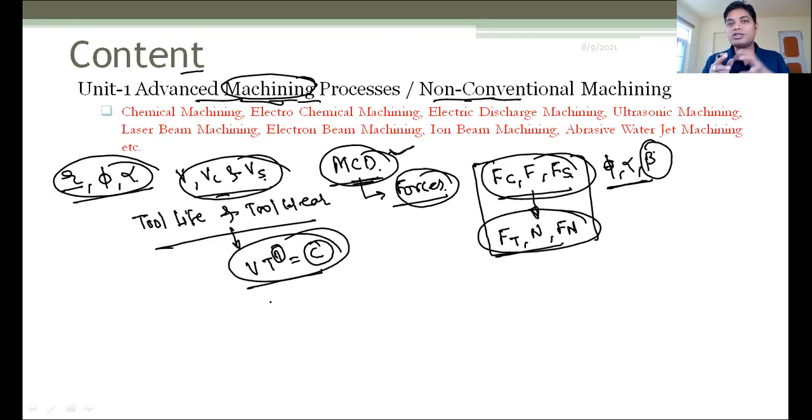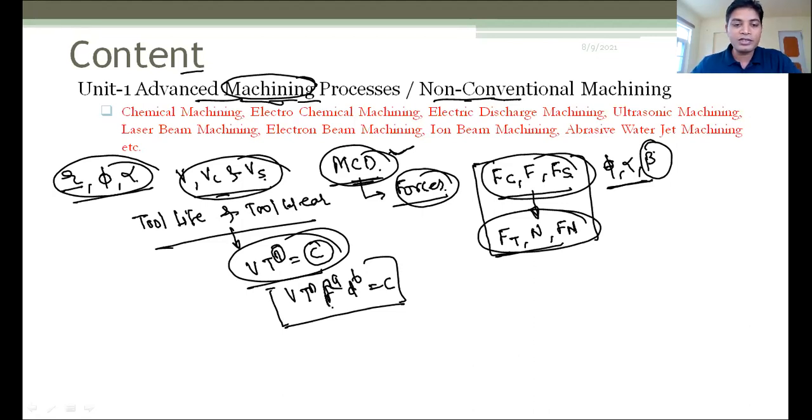Apart from that, we also studied one more, the modified Taylor's tool life equation, VT^n f^a d^b = C, in which f is the feed, in mm per revolution, when we are talking about operations on a lathe machine, and d is the depth of cut.